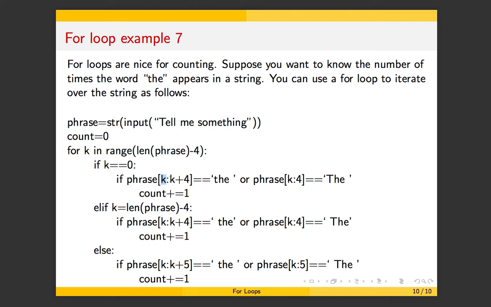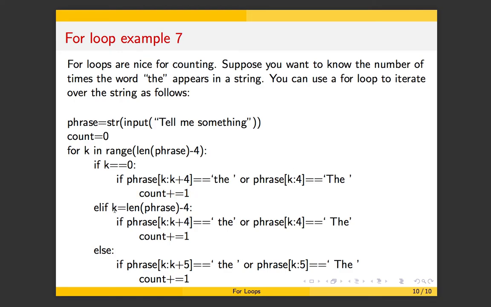So I'm going to start at position 0, but I'm not inclusive there. I don't go all the way to 4. I stop at 3. So this looks like 0, 3. Positions 0, 1, 2, and 3. So I'm checking position 0, 1, 2, 3. Does it look like these 4 characters? Or position 0, 1, 2, 3, these 4 characters? And if so, if the phrase starts with a the, then increase the count by 1.